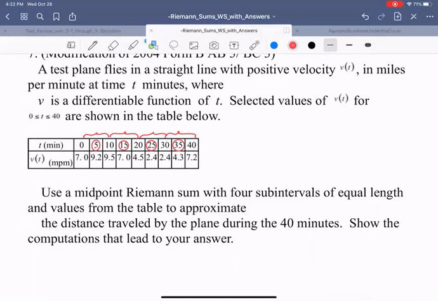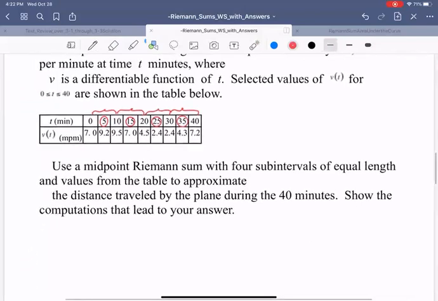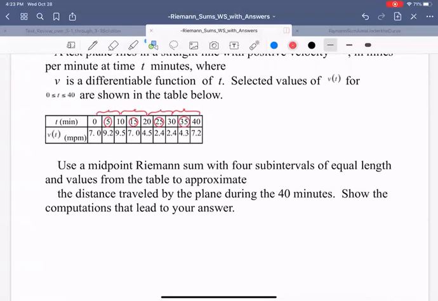So let's see. We can say we use 9.2 times 10, plus 7.0 times 10, plus 2.4 times 10, plus 4.3 times 10.